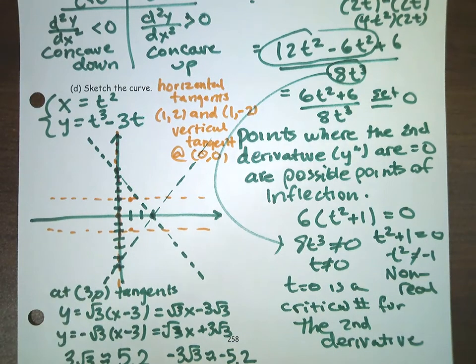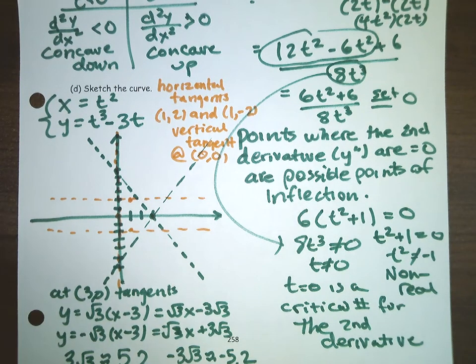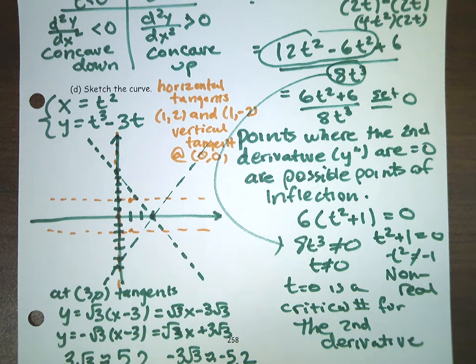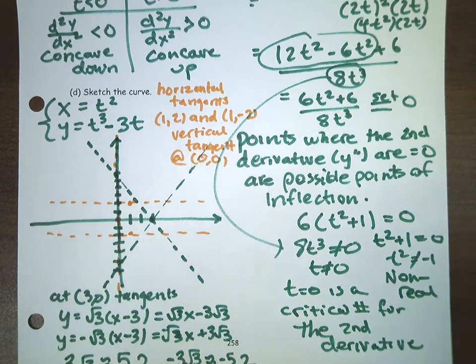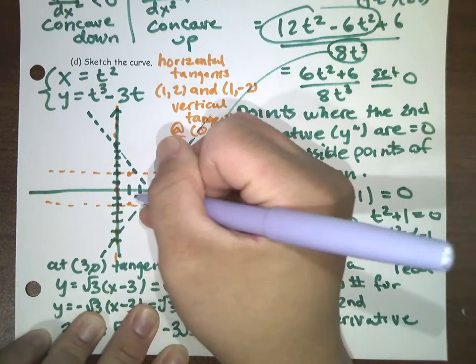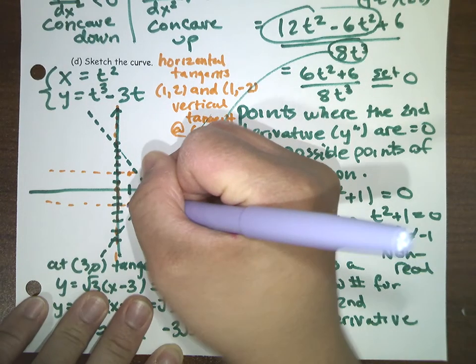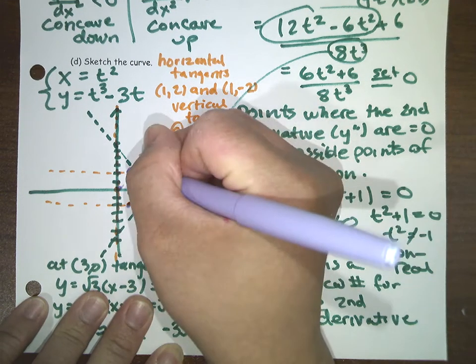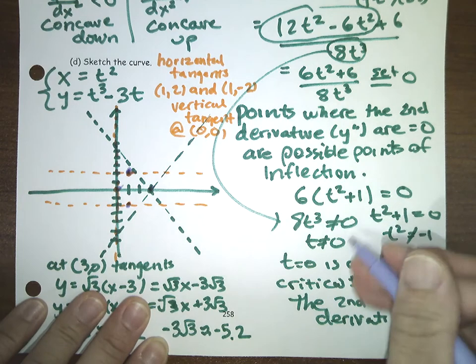All right. And now what I really need to do is just go ahead and graph this. It doesn't matter which values you pick, because you know that this point, this point, this point, and this point have to be on the graph, right?